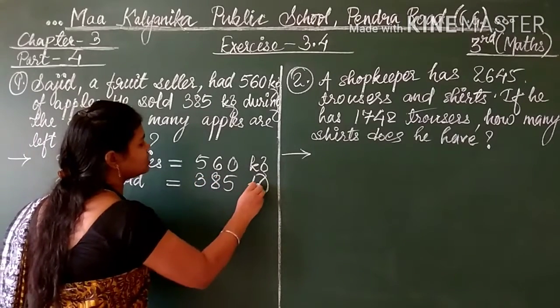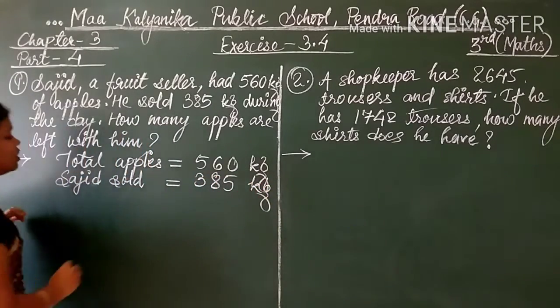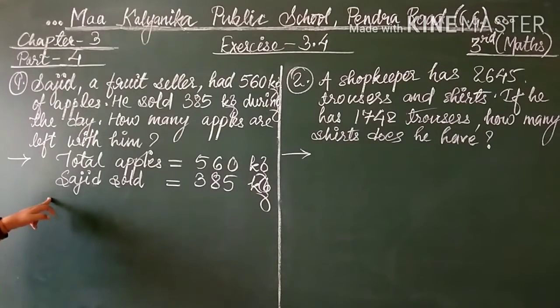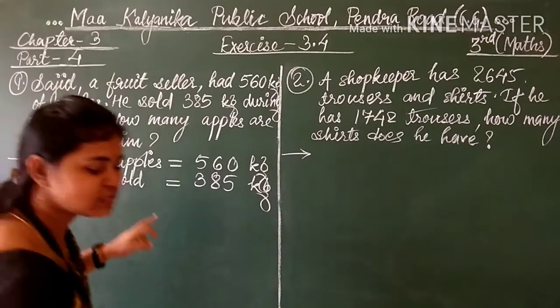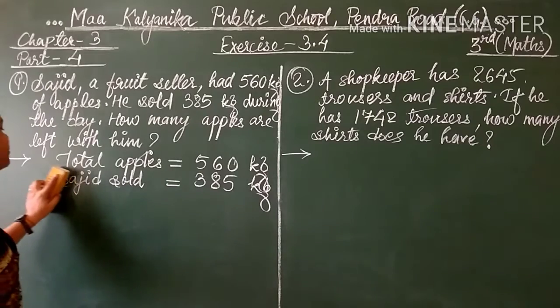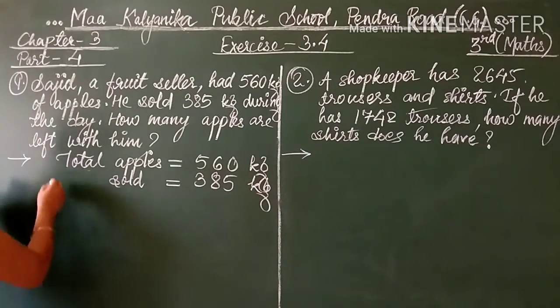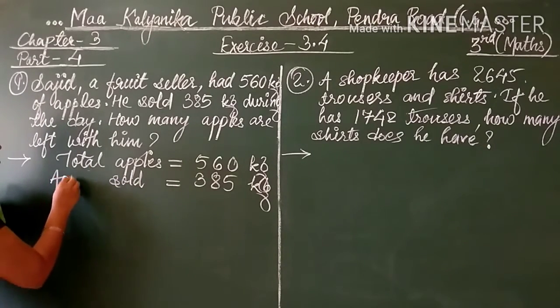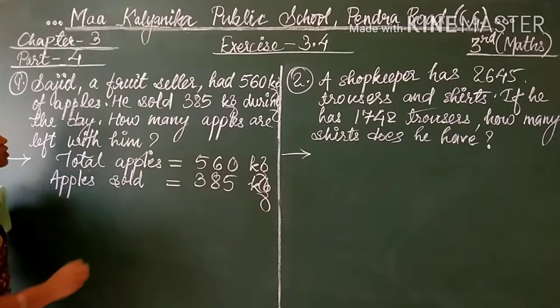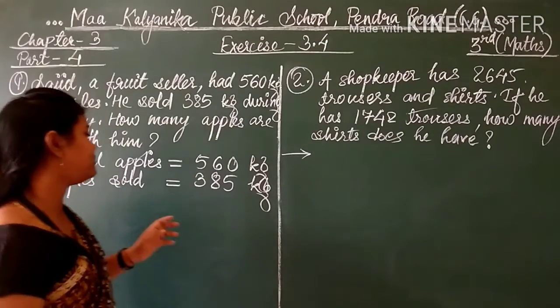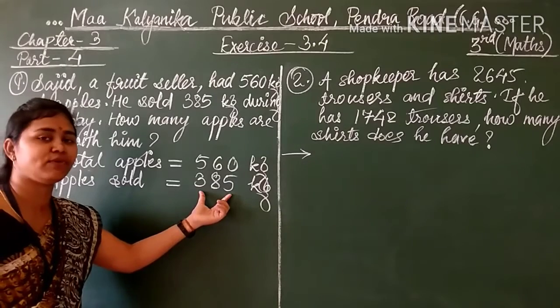Or instead of Sajid sold, we can write apples sold. So apples sold is 385 kg.